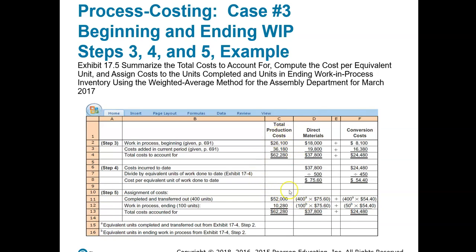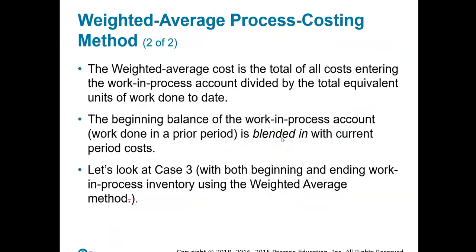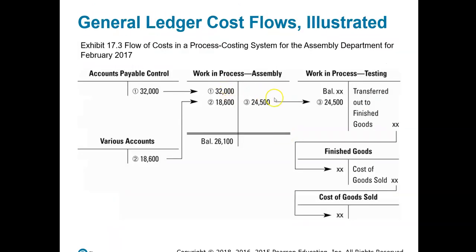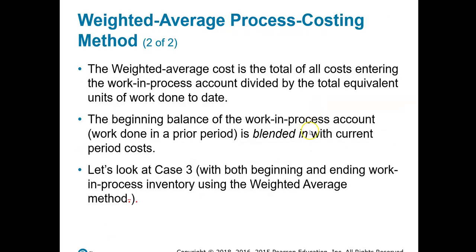Now, under total production costs in step 5, this $52,000 here is the total cost completed and transferred out. That's the cost of direct materials plus conversion costs. When I transfer this out to the next department, as we talked about last time, the work in process assembly will be transferred to testing.